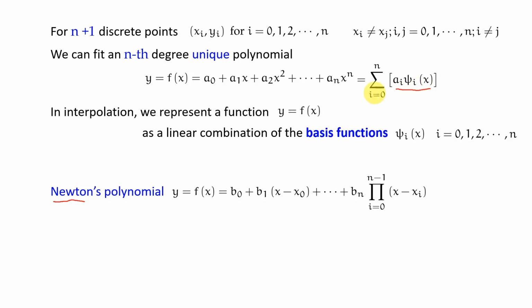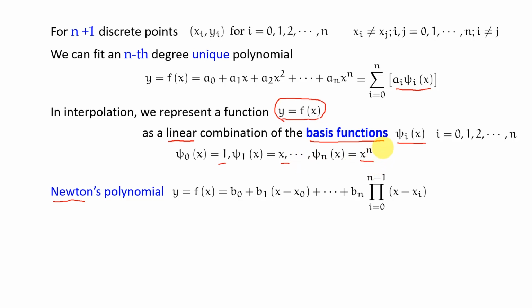And here you can think about that we are representing this function y equals f of x as a linear combination of a set of basis functions, and these basis functions are psi i of x. In this particular case, the basis functions are 1, x, x square, x cube, all the way up to x to the power n.